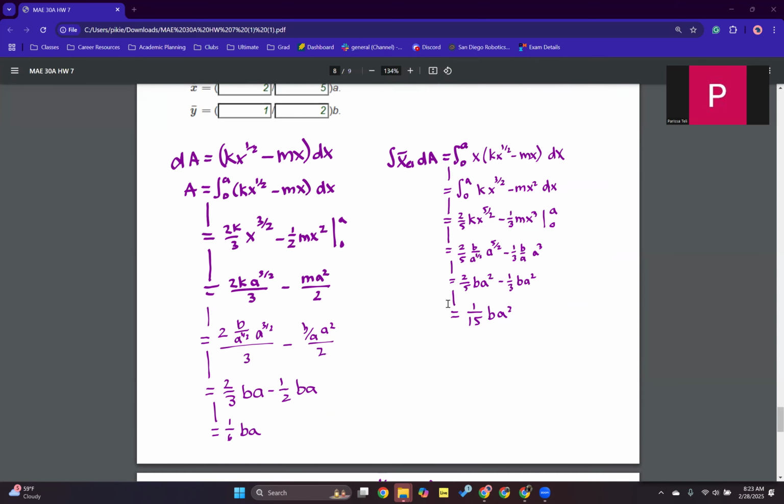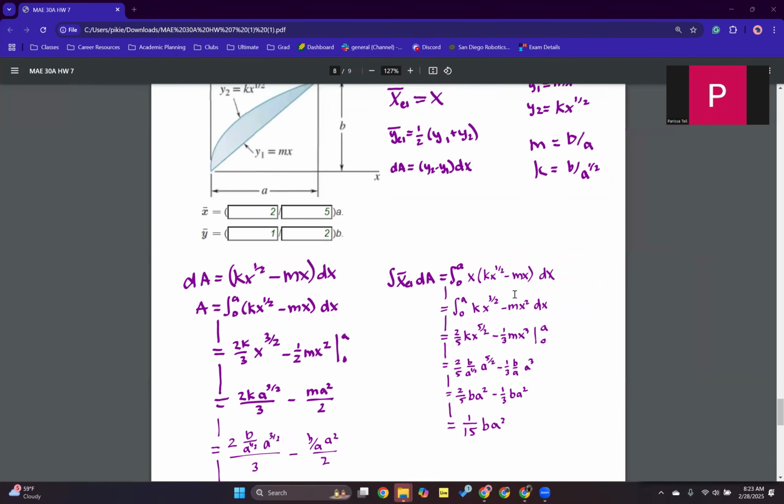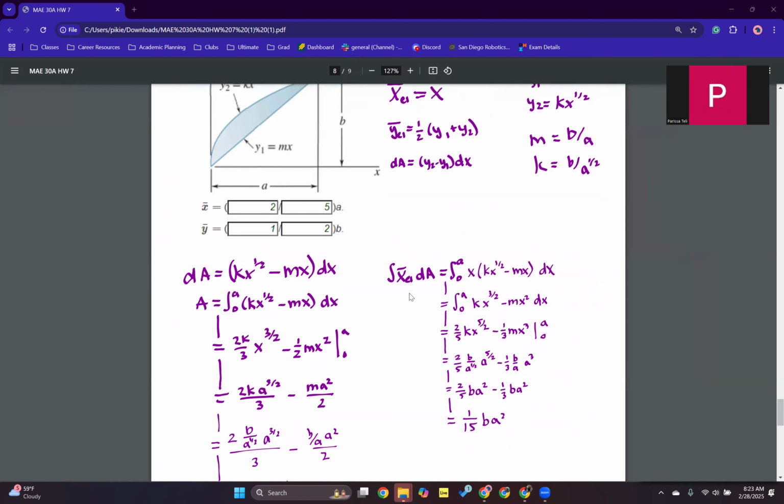So next, we have knowledge about the area. Similar to how we did it before, we also now want the integral of x bar dA, so we can divide this expression by just the area as well, right? Because that's going to give us that centroid x bar value. When we're looking at this problem on the right here, we have x bar times dA.